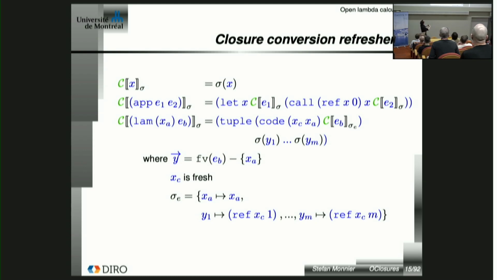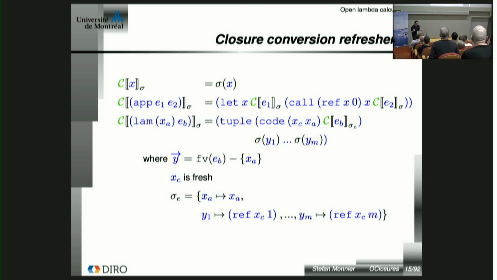And so you will return a tuple made up of the code corresponding to eb and the free variables y1 to ym, which you need to translate with a sigma, but these details don't really matter here. So the general idea is this: you take your functions, you turn them into tuples.